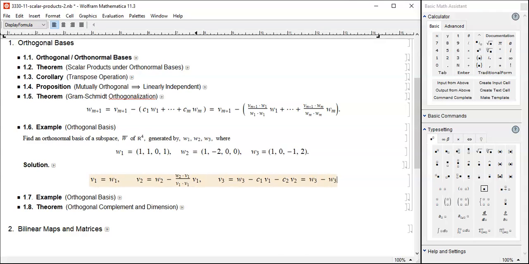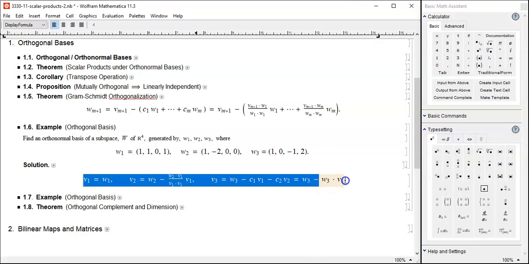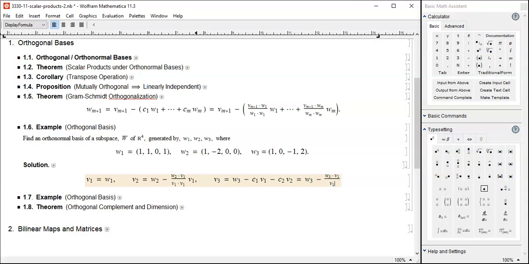So W3 dot V1 over V1 dot V1, minus W3 dot V2 over V2 dot V2. So I don't need this anymore.